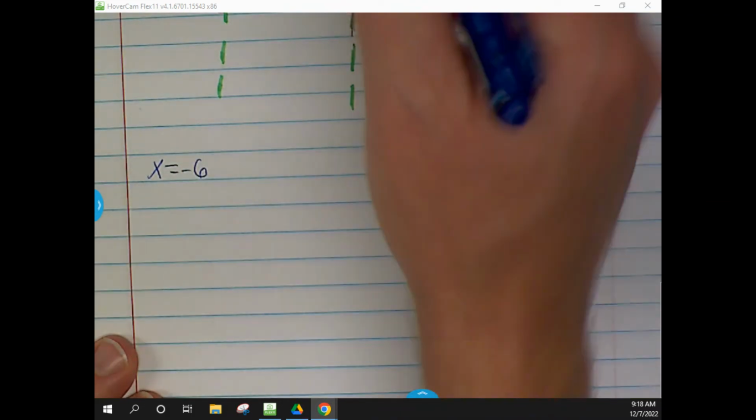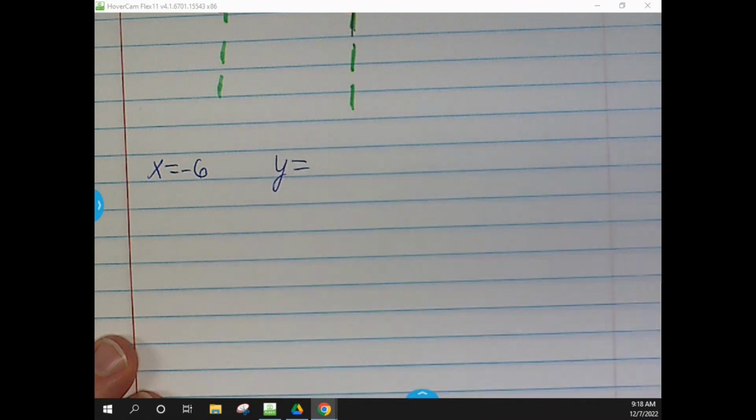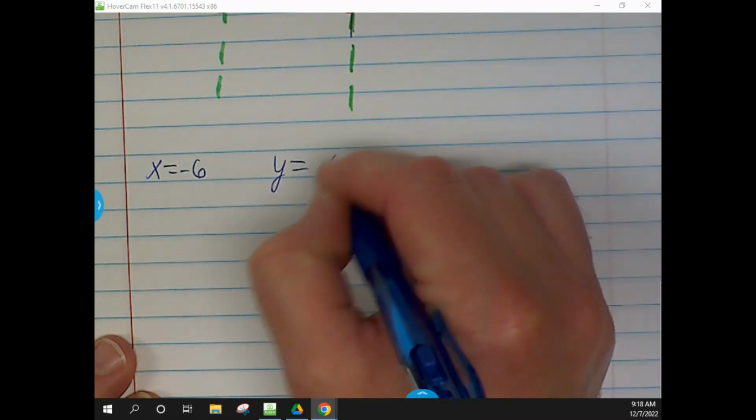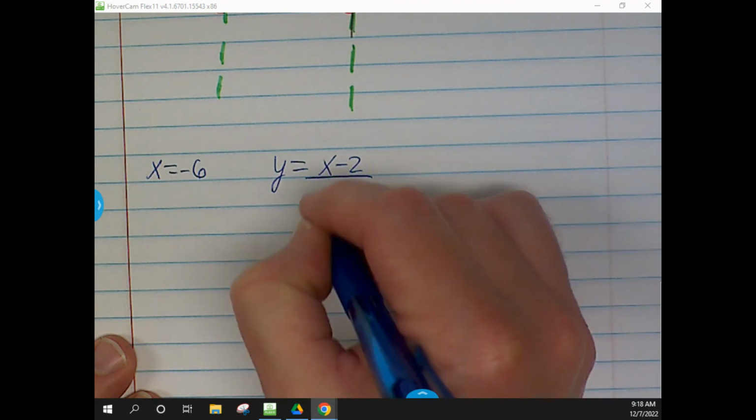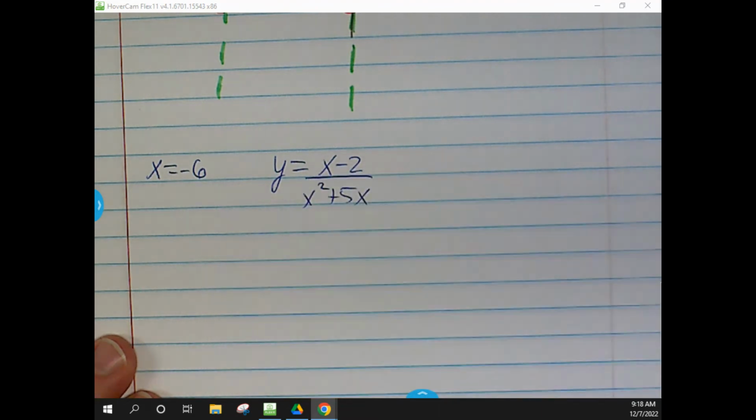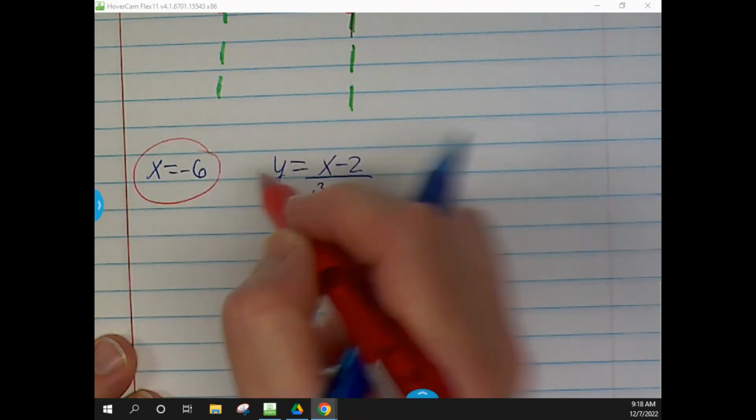And we're going to plug that back into the original equation. And we're going to replace the f of x with y just because it's easier that way. We're going to plug in that -6 and then just work it out and see what we get.